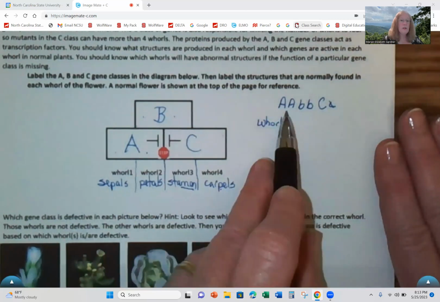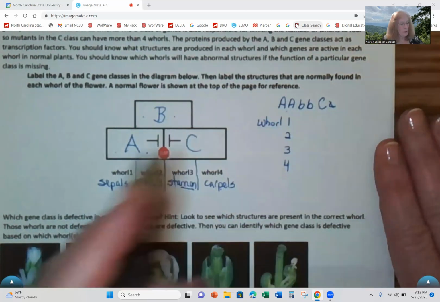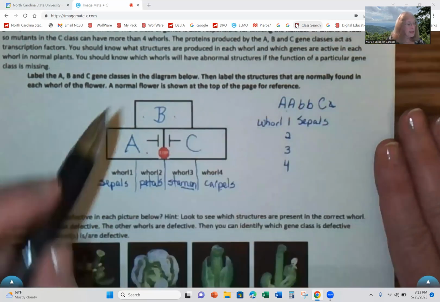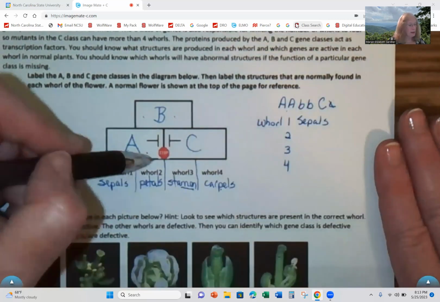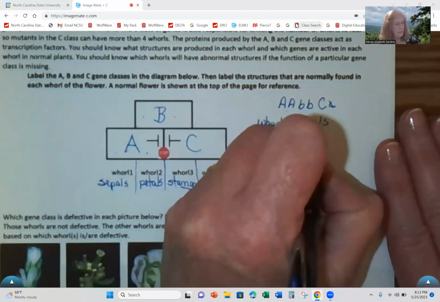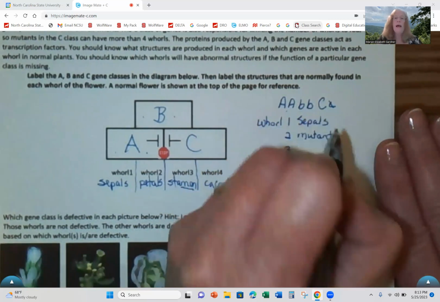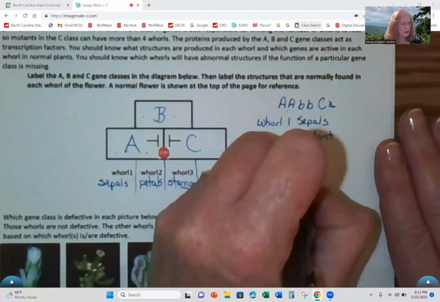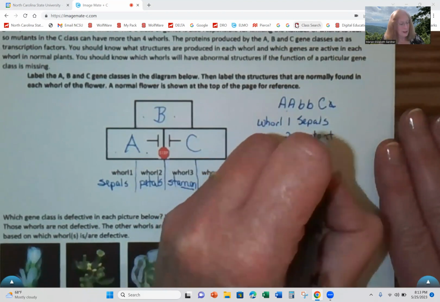So A-class genes working fine. That means we have normal sepals. B-class genes are not working fine. So that means whorls 2 and 3 are mutant. A plant anatomist would tell you exactly what structures those are. I wouldn't.